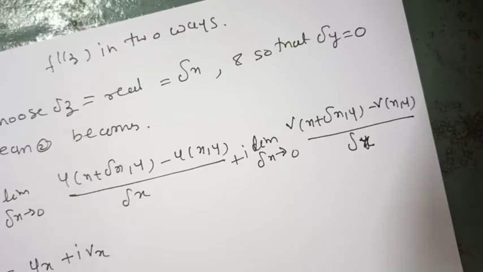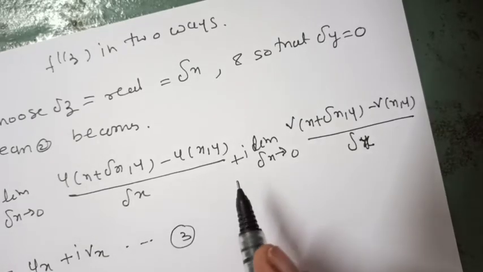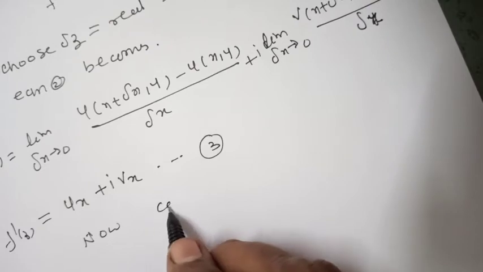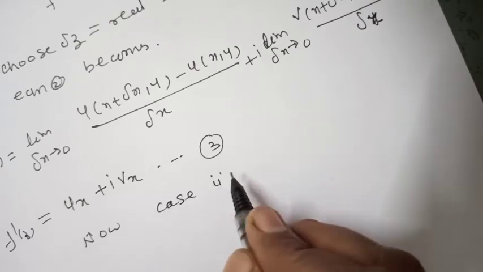It is f dash z. Call it equation 3. Now case 2.